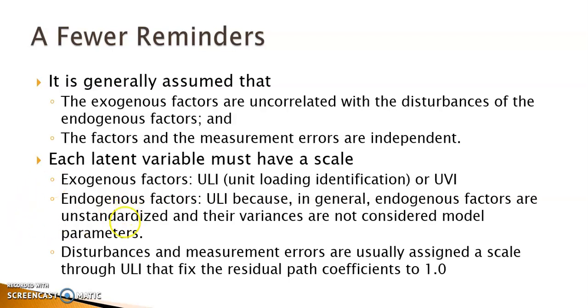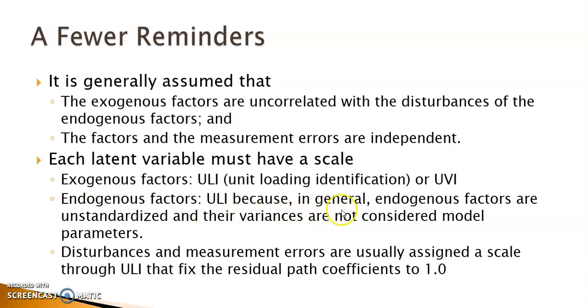For endogenous factors, we assign scales by using reference variables. My recommendation, as said in the discussion about CFA, is to use reference variables to assign scales to all latent factors. For disturbances and measurement errors, we usually assign a scale by fixing the residual path coefficient to 1.